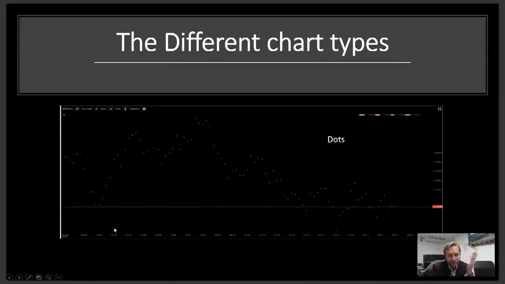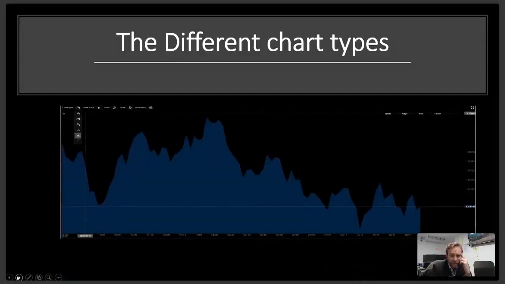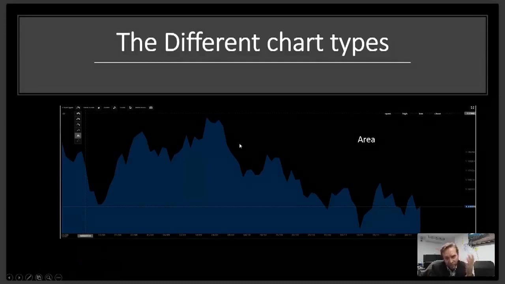It gives you an indication of where it is, on that trading session or that time frame you decide to choose. Then you have what's known as area. Again, it will show you the high and the low or the general movement of that asset, and how much movement that particular asset has. Is it bullish or bearish?